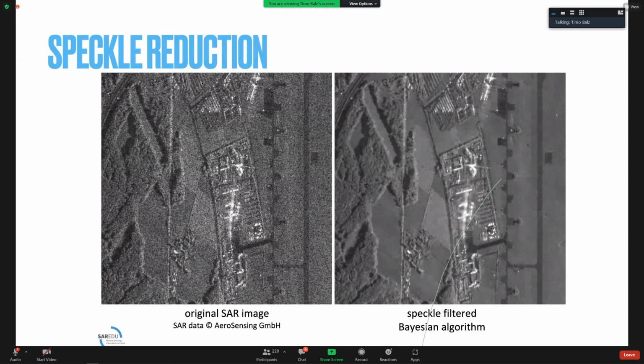A huge number of people worked on that, and normally your various software packages also have different sets of speckle filters available that can help you to reduce the speckle noise of your images. So the search term would be speckle filter for that.